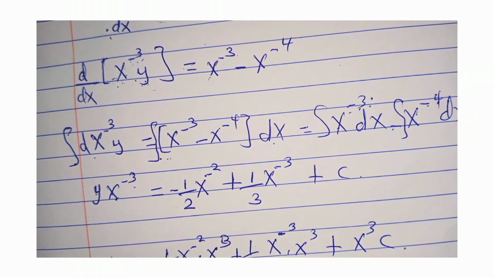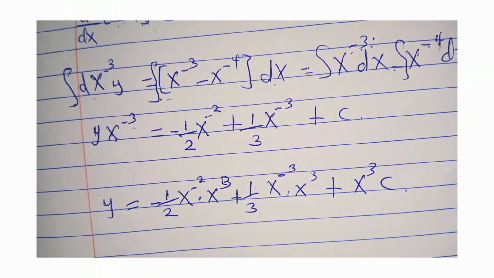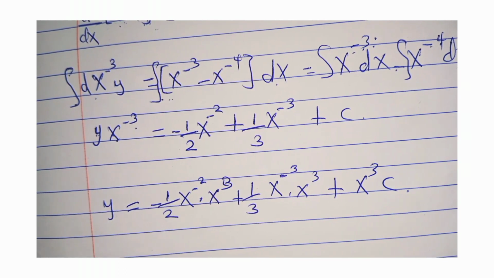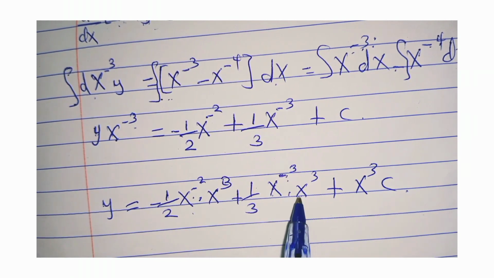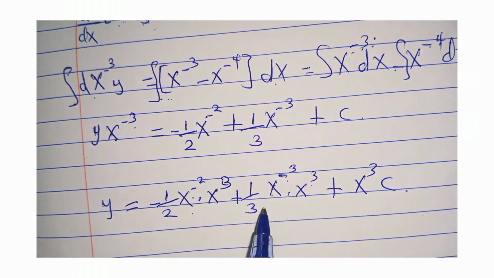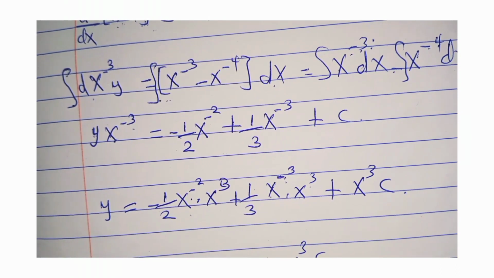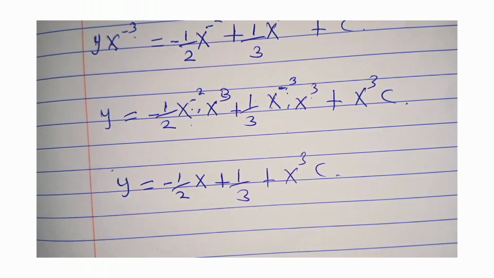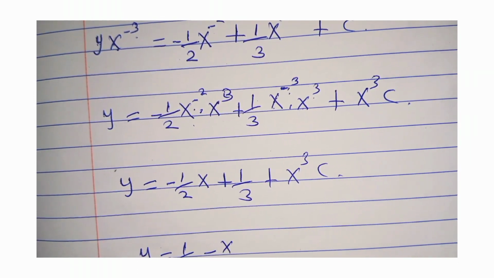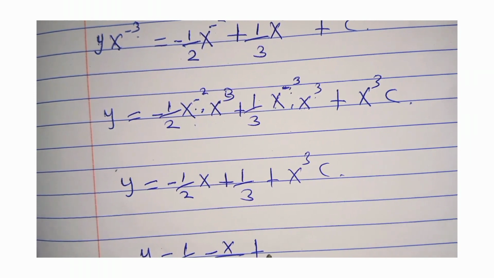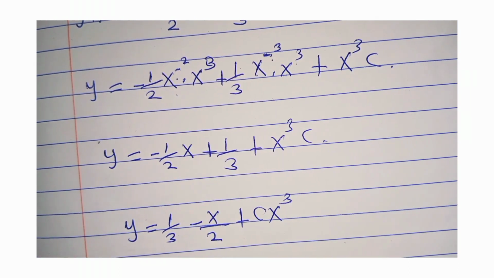So we simplify the right hand side. This will give you negative half x to the power 1, because x to the power negative 3 times x to the power 3 will give you x to the power 0, which is 1. 1 times a third will give you a third, then plus x to the power 3 times constant c. So finally, our result is y is equal to a third minus x over 2 plus c x to the power 3. So that is the result of solving that equation by the integrating factor.